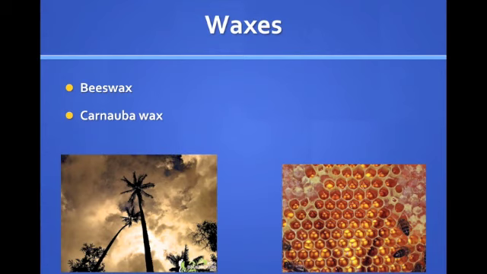And the waxes are made out of esters of straight-chain monohydric alcohols, and they have long carbon chains within them that's between C24 and C36, depending. So there's beeswax, which is from the honeycomb, which is right here. And then there's carnauba wax, I think that's how it's pronounced. And that comes from the Brazilian wax palm tree, which is right here.